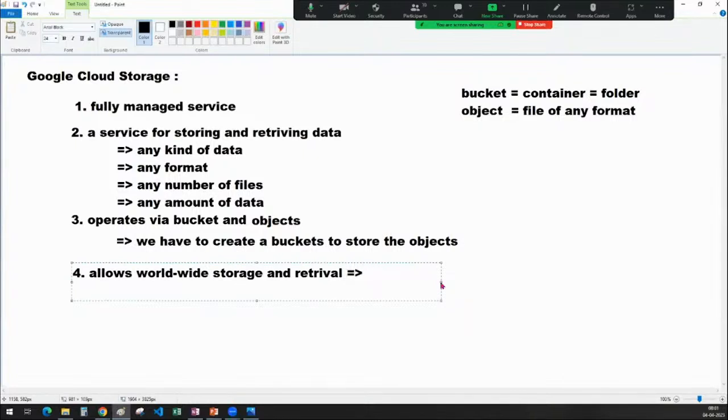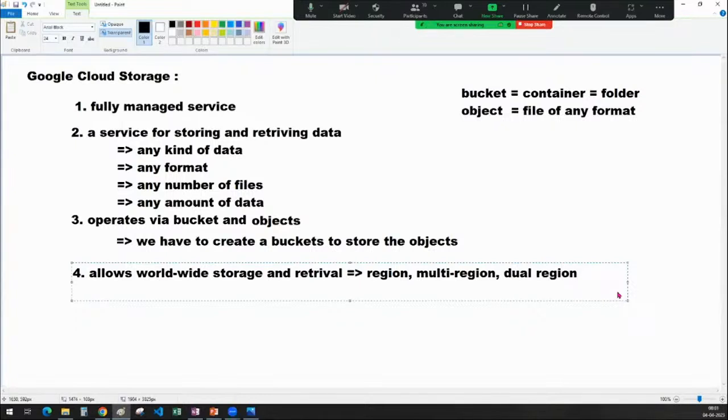You have to understand there is a concept of region, multi-region, and dual region.